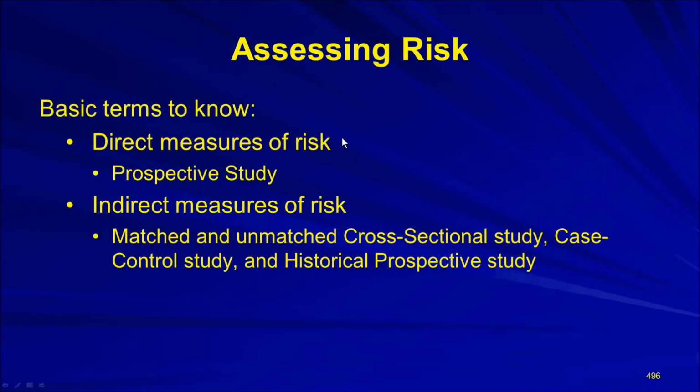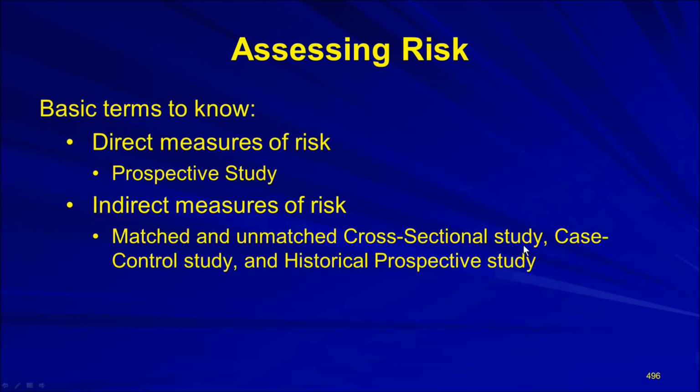Now, I mentioned that with a prospective study, it has the most statistics, okay? And with an indirect measure of risk in all these various study designs, we have one measure, one statistic that we do, or one outcome, I should say, because there's two different study designs for the matched and the unmatched cross-sectional study.